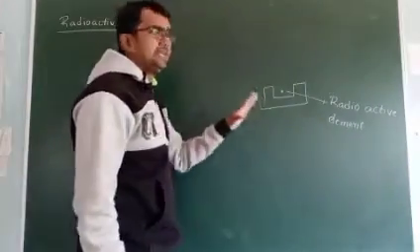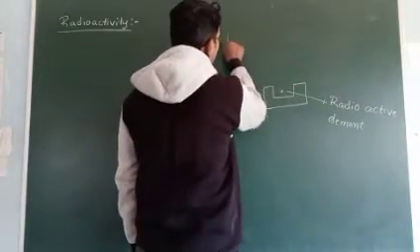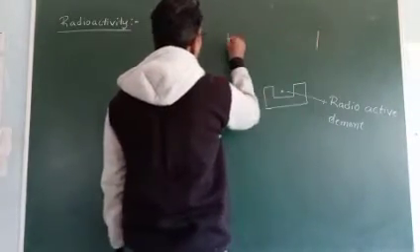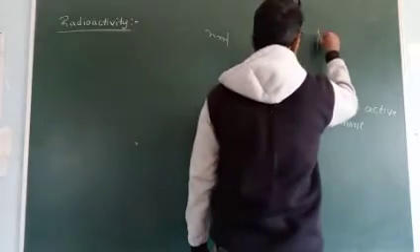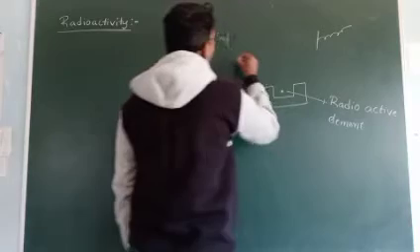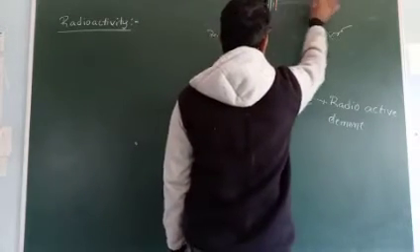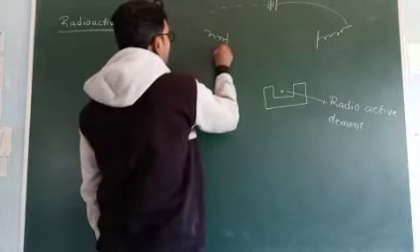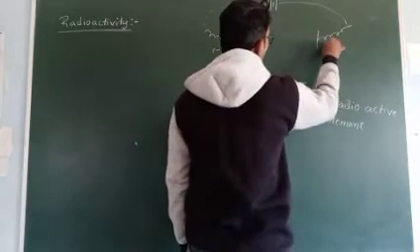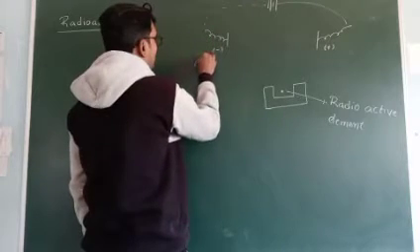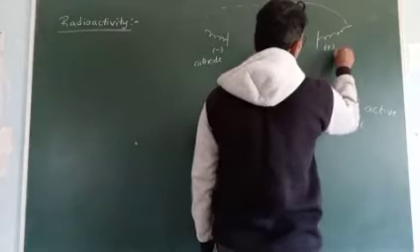If you take any radioactive element, and that radioactive element is placed in an electric field, these two wires are connected to, for example, a battery. This is cathode, negative charge. This is anode, positive charge.